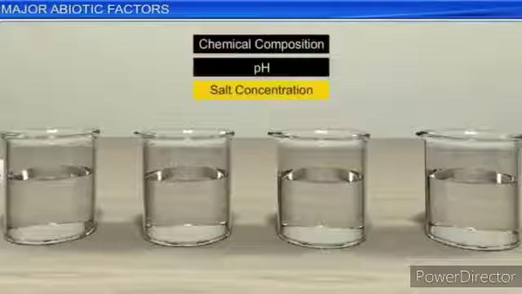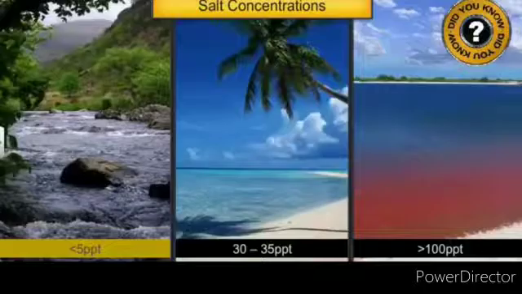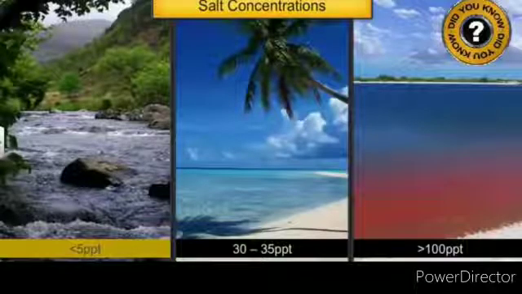The salt concentration measured as salinity in parts per thousand is less than 5 in inland waters, 30 to 35 in the sea, and above 100 in some hypersaline lagoons.